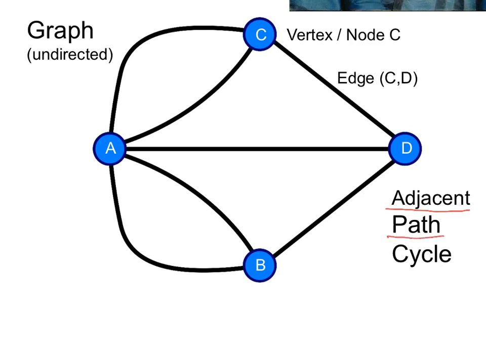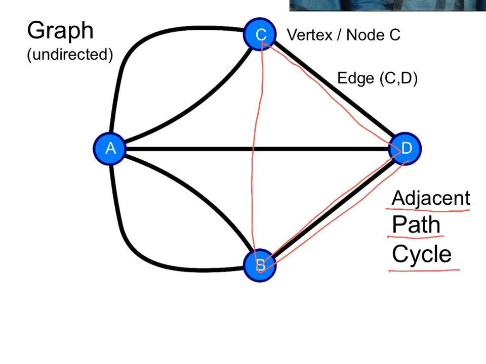A path in a graph is a sequence of adjacent vertices. So CDB is a path. Why? Because C and D are adjacent and D and B are adjacent. On the other hand, DBC is not a path because there is no edge between B and C.